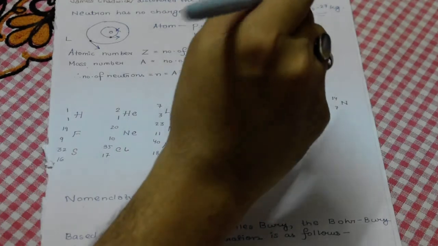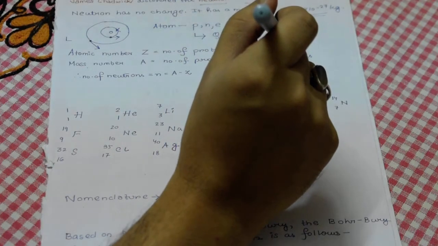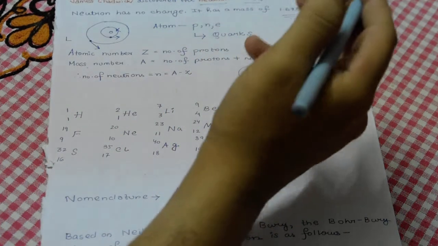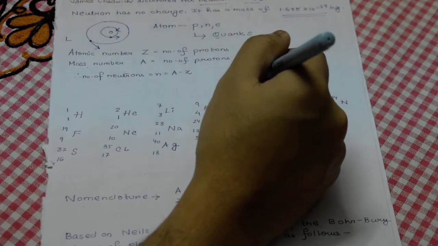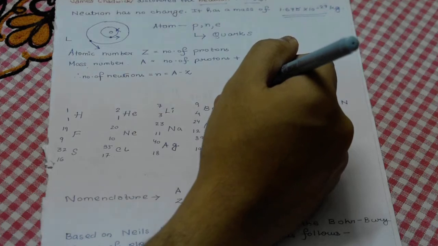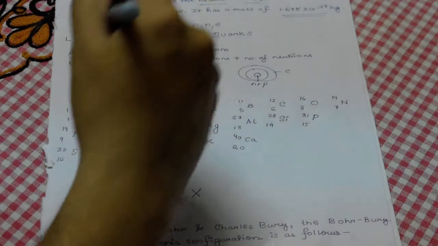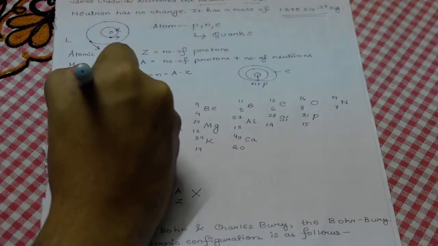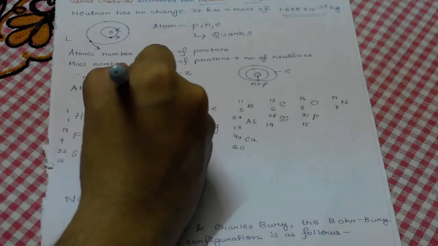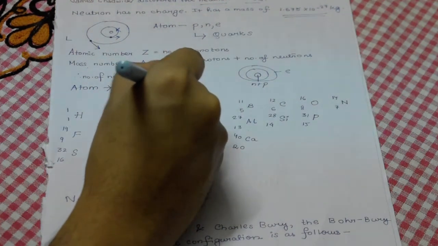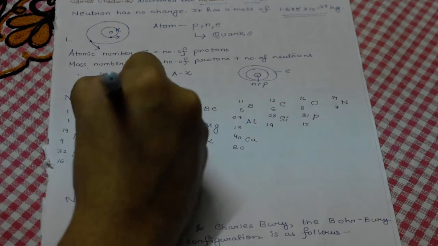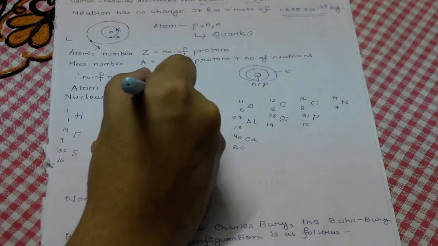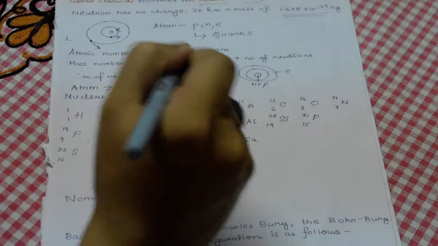But there is something I must say here, because it's not generally mentioned in any book: the nucleus is incredibly small compared to the whole size of the atom. The atom as a whole has a radius of 10 to the power minus 10 meters, whereas the nucleus has a radius of around 10 to the power minus 15 meters.